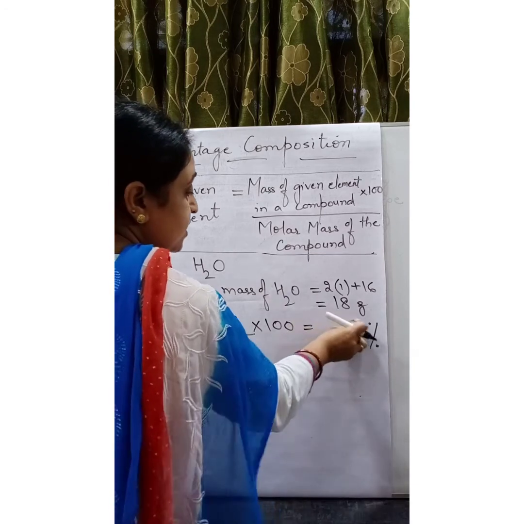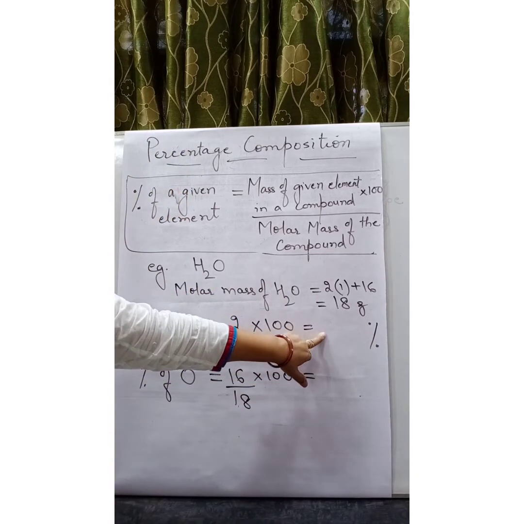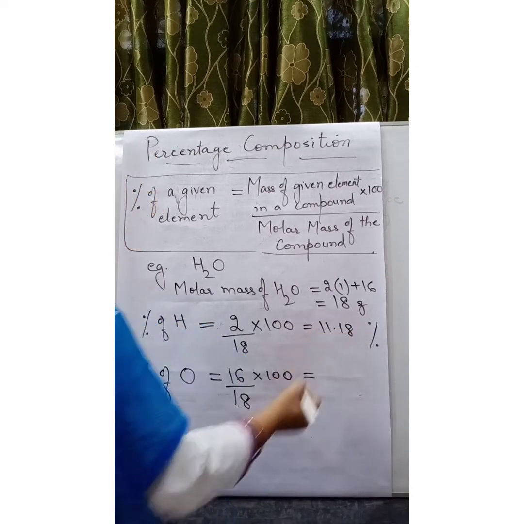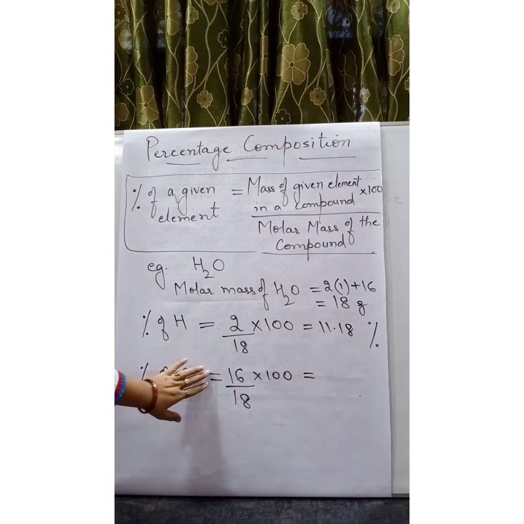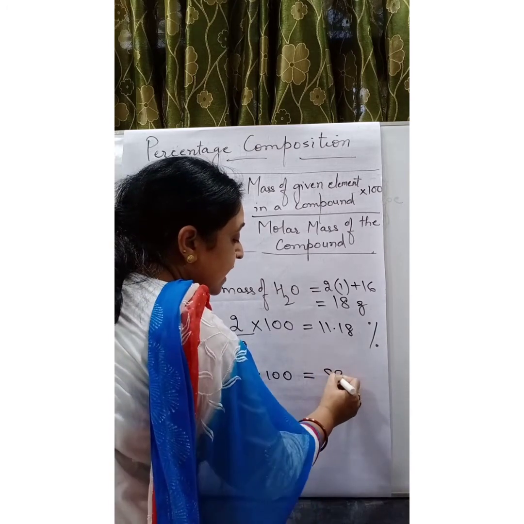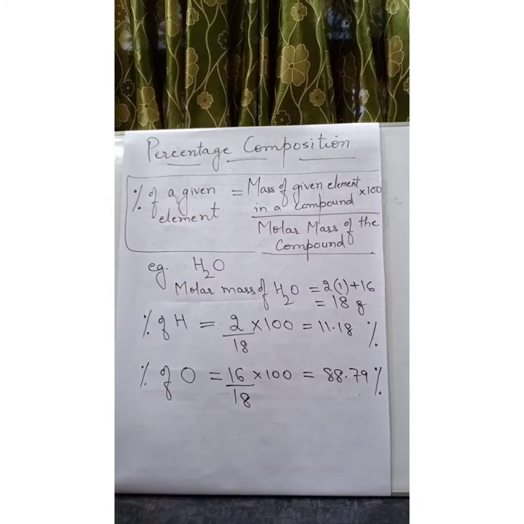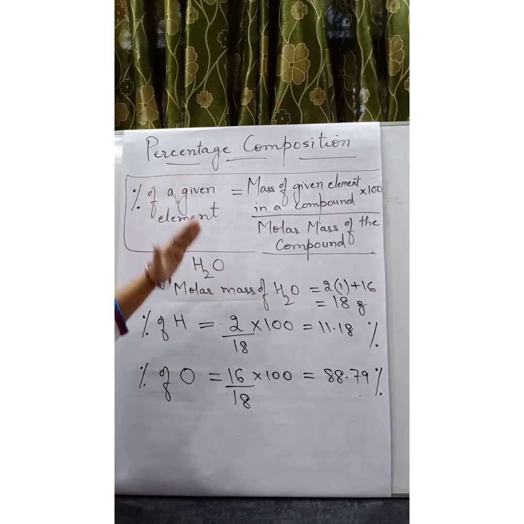When you solve this, you are going to get 11.18%, and when you calculate the percentage of oxygen, you get the answer as 88.79%. So this is how we calculate the percentage composition of different elements present in water.